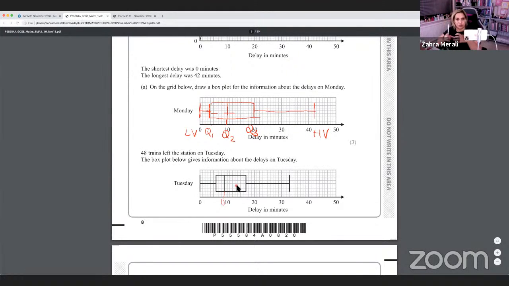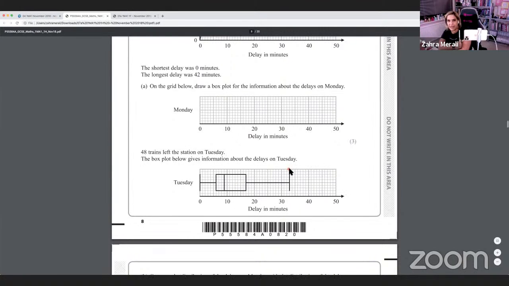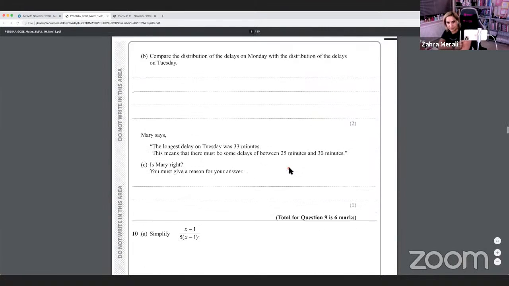So that means your data is less spread out. So if you ever have to compare box plots, you're comparing the middle and you're comparing the spread. It's like comparing the mean and the standard deviation if you're given those as averages instead. Okay, so those are your comparisons which you're asked to do there.